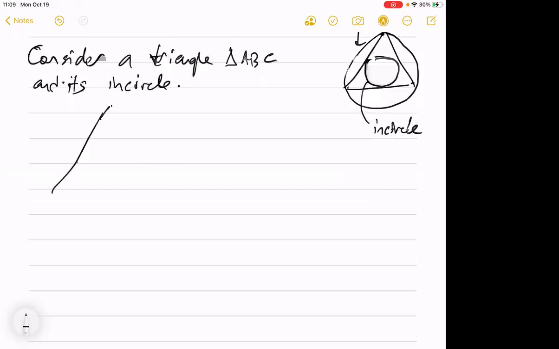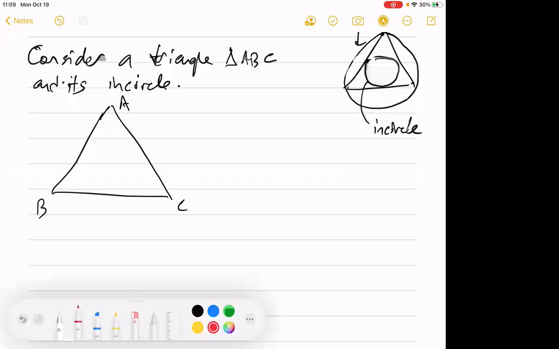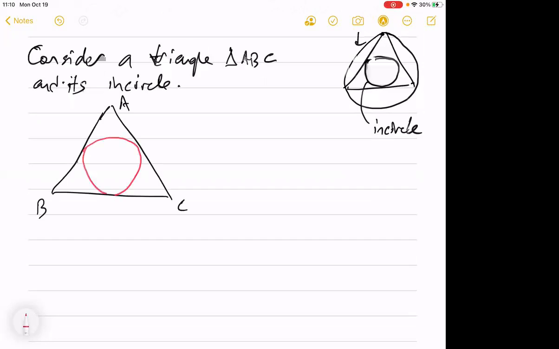This is ABC. Anyway, let's draw the incircle with the red. The incircle is something like that, and here is the center I.